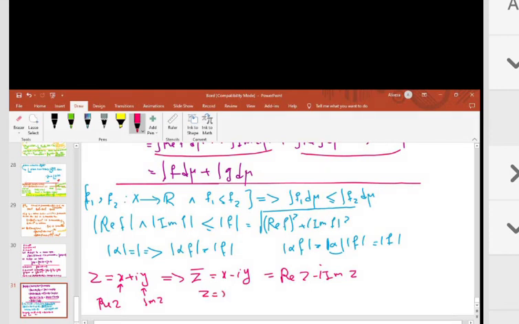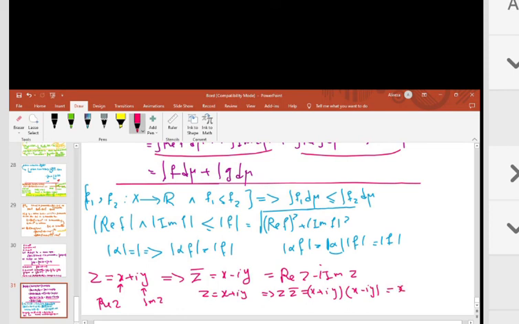If z equals x plus iy, then we see that z bar equals x minus iy, so z times z bar is x plus iy multiplied by x minus iy. Okay, now use the definition of multiplication in complex numbers.